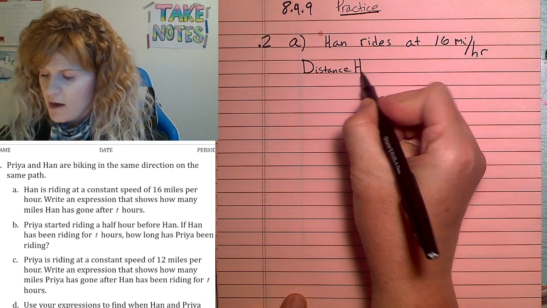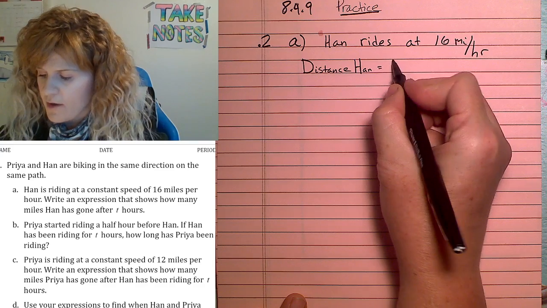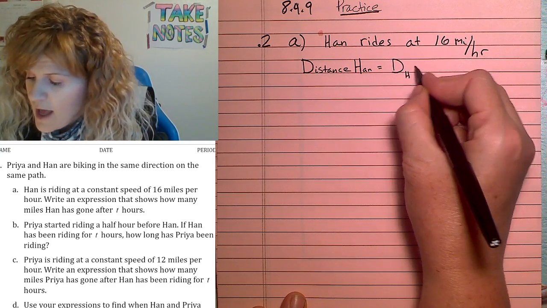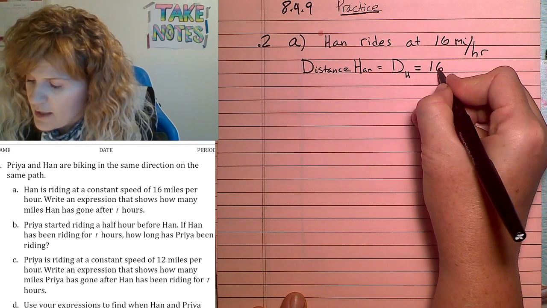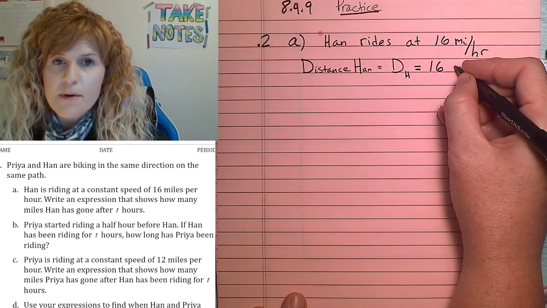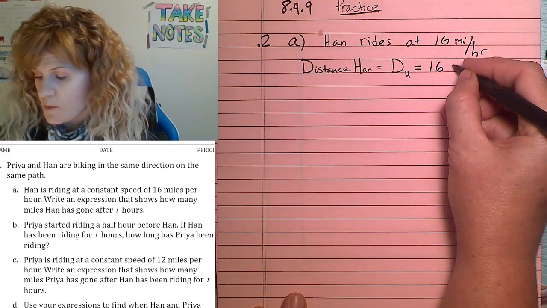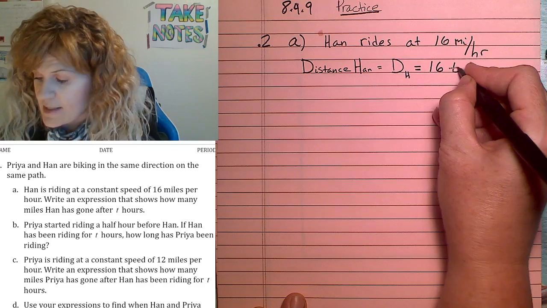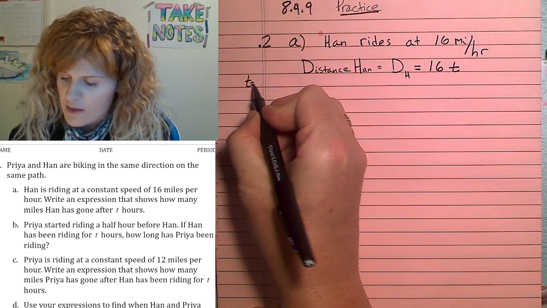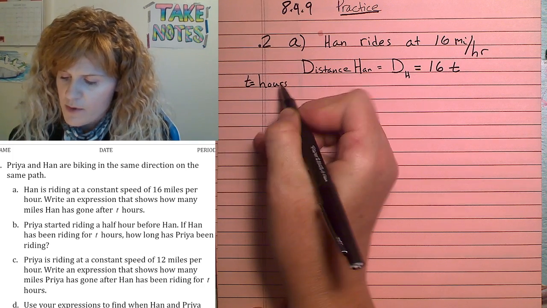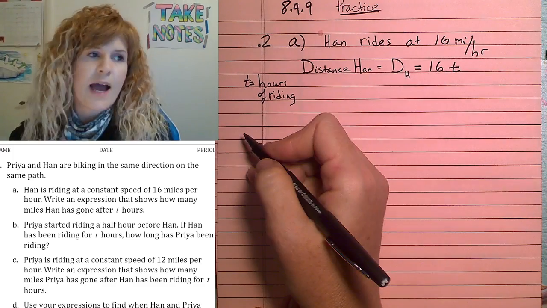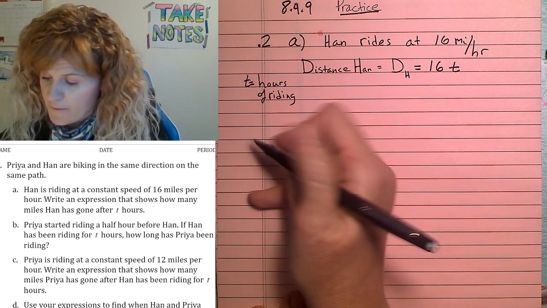Distance that Han rides, I'm going to call that D with a subscript H, distance for Han. And that equals his speed, 16 miles per hour, multiplied by the number of hours he's been riding, which we're going to call T, because it says T hours right there. Go ahead and write that in your notes. T equals hours of riding. In this case, it's hours that Han has been riding.